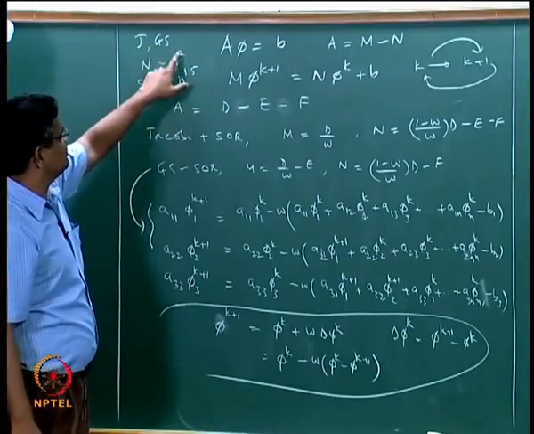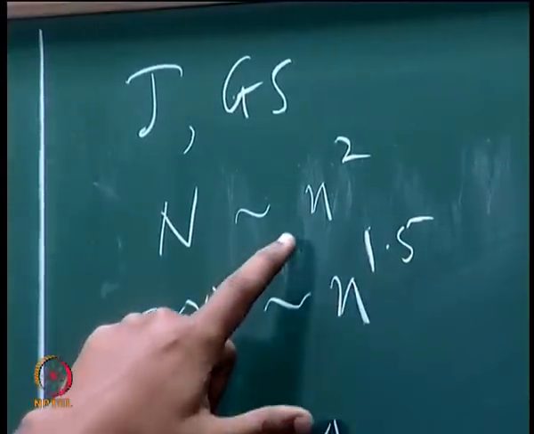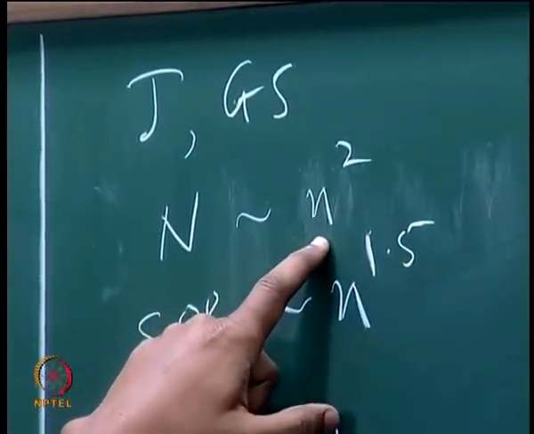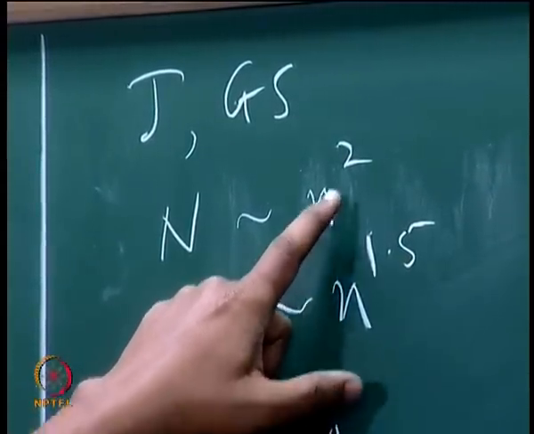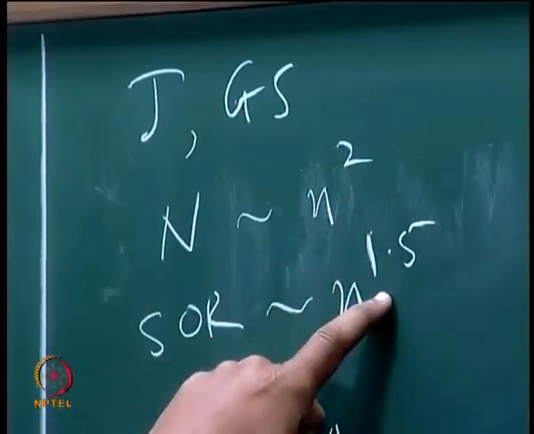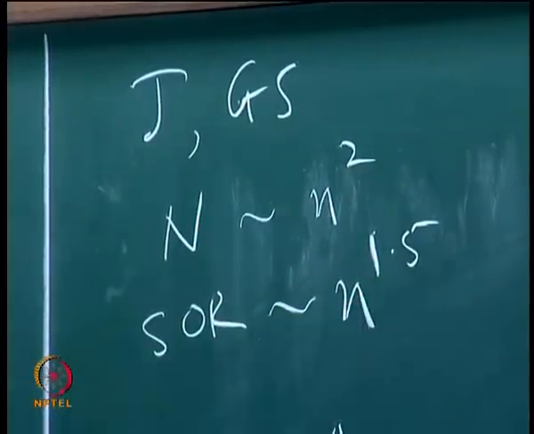The exponent is reduced from 2 to 1.5, and when small n is large, when you are dealing with a large number of equations, this change in exponent from 2 to 1.5 can be humongous.